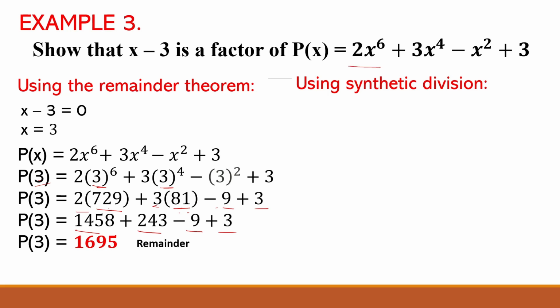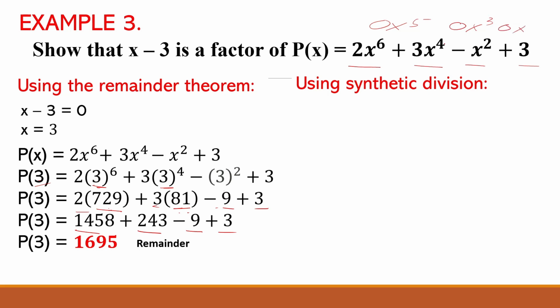So take a look at the given P of x. So you have 2x raised to 6 plus 3x raised to 4 minus x squared plus 3. So naka-standard form siya. Pero, meron siyang missing term. So anong nawawala? So yung nawawala is yung x raised to 5. So you have 0x raised to 5, and then 6, 5, 4, then 0x raised to 3, and then 0x.